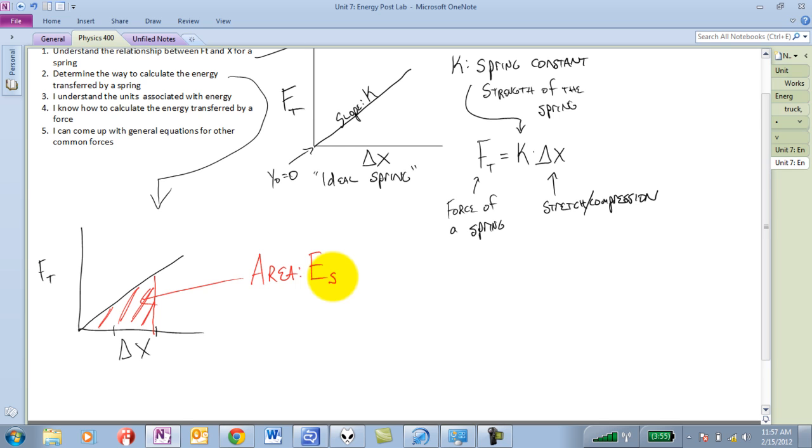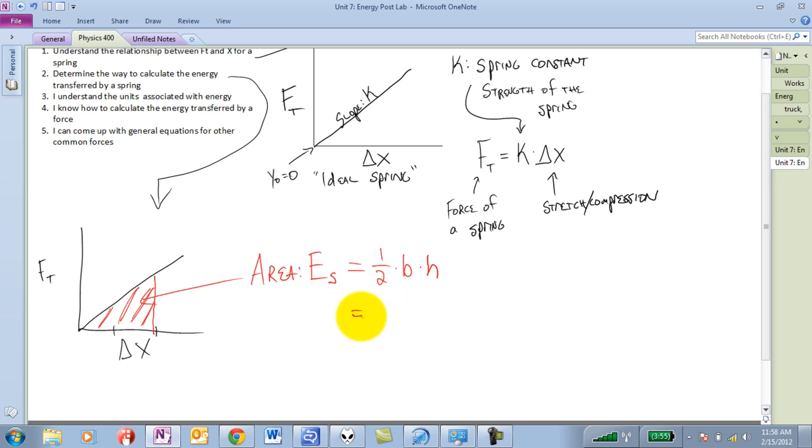Now, of course there comes an equation with this. We can break this down a little bit further. A general equation, and this is general but a little bit more specific, is taking the area of this. So ES is going to be the area, and the area for this shape is 1/2 times the base times the height.